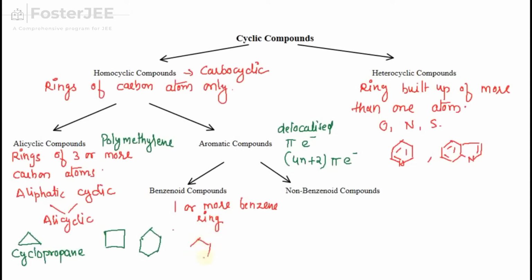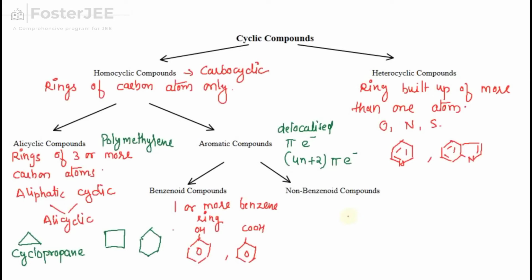Examples are phenol. Here in phenol we can see that the benzene ring has a substituent group OH. The second example is benzoic acid. Here the substituent group is carboxylic acid. Now, there are some aromatic compounds which have a structural unit different from the benzenoid type. These are known as non-benzenoid compounds.